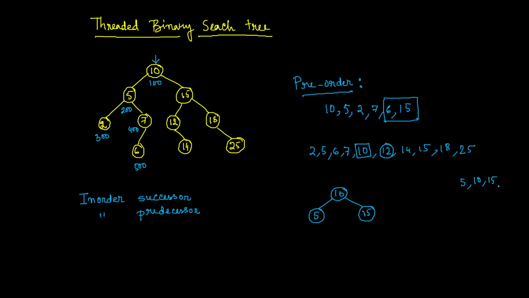You see, there is nothing before 5, and there is nothing after 15. So 5 doesn't have any predecessor. At the same time, 15 doesn't have any successor. I mean, nothing is the in-order successor of 15.